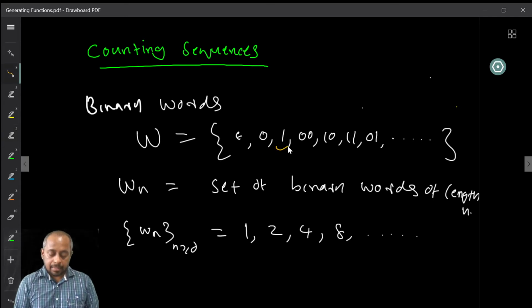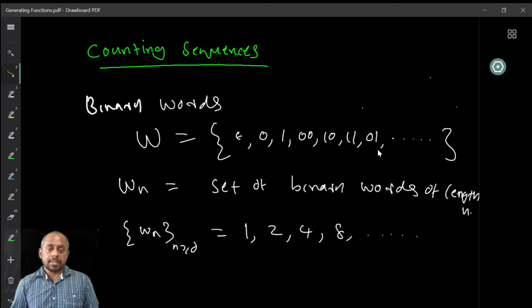Then we have 4 words of length 2, these 4. Similarly, we can continue. There are 2 raised to n words of length n, we already know. So we get this sequence. This is a counting sequence.